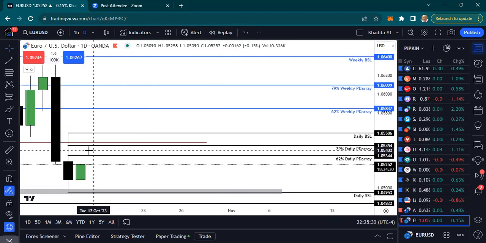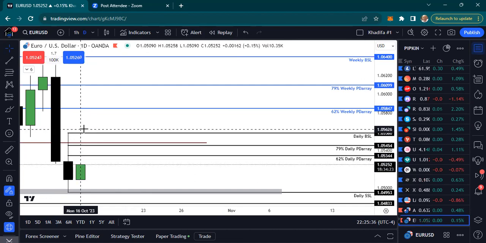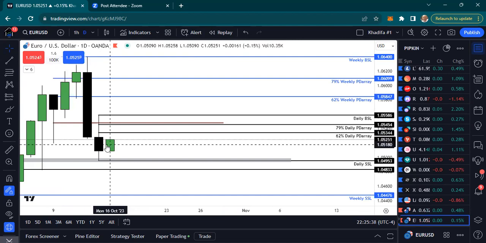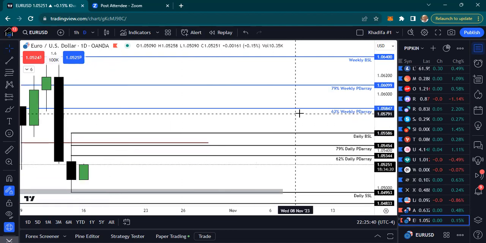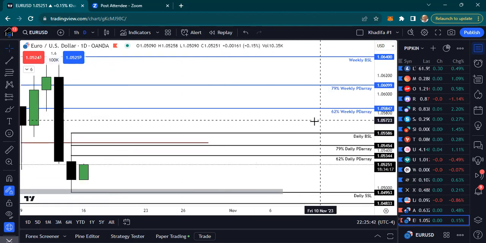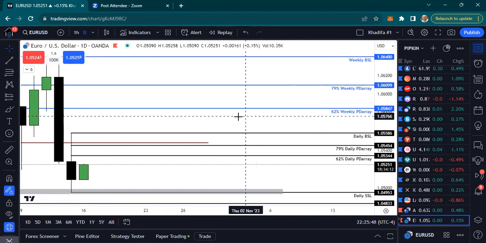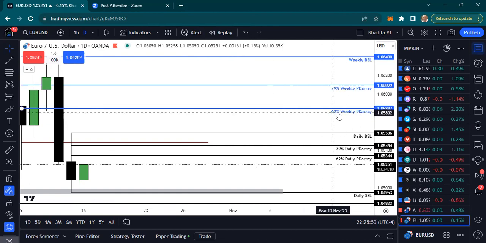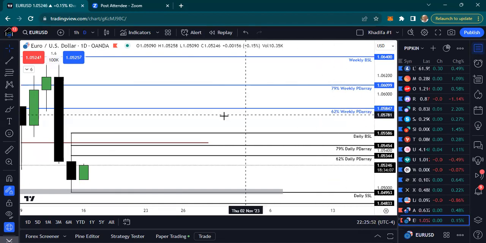Like I said, for the dollar, if we do break above the daily PD array levels, right? Then I would be expecting price to be running up to retest last week's weekly PD array levels, which of course we would have to run the 62 level first.